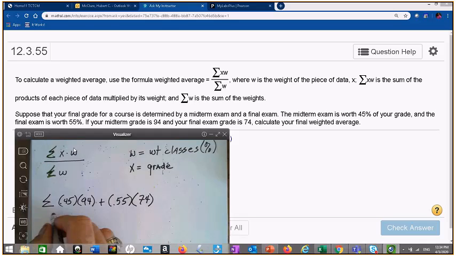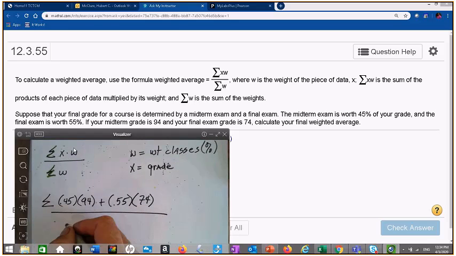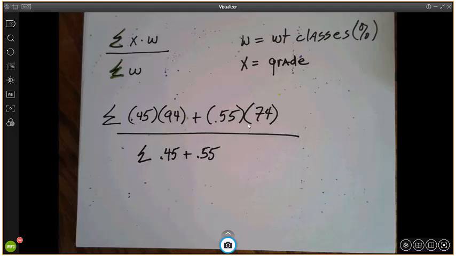All over the summation of 0.45 plus 0.55. And that's pretty much it. So there is your formula plugged and chugged. And you should get, I'll do it with the handy dandy calculator.